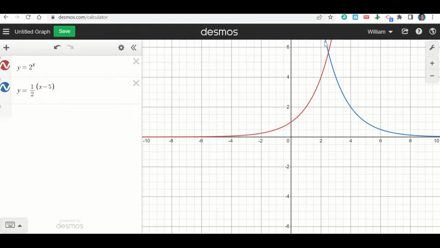Well, now it has our new equation with our curve going down, and it is half as steep, right? And we can see that it's slid over to the right. So we can graph any equation using Desmos and check our work so that we can see exactly what the graph should look like. So that's how you can use Desmos to check your work when dealing with exponential functions.